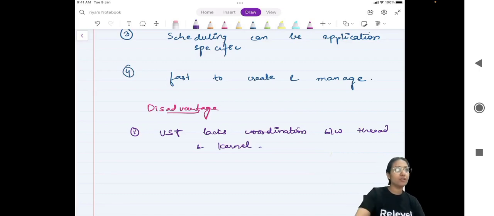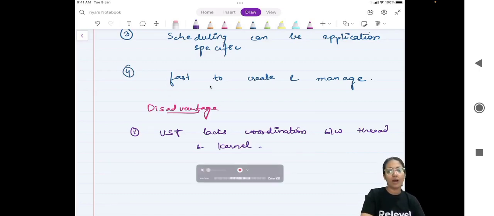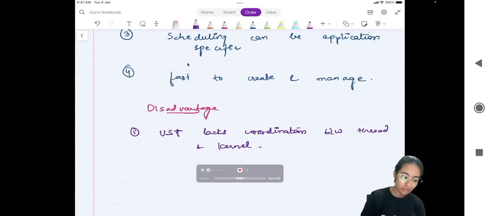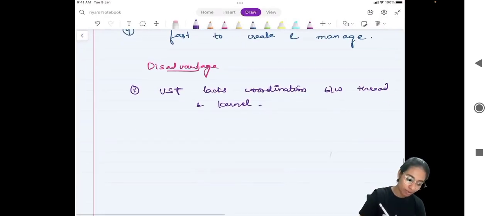And even if you have one blocking operation, here you can see that if one user level thread performs a blocking operation, the entire process will be blocked. So that is also a disadvantage of using user level threads. I've discussed the second point as well, blocking operation.